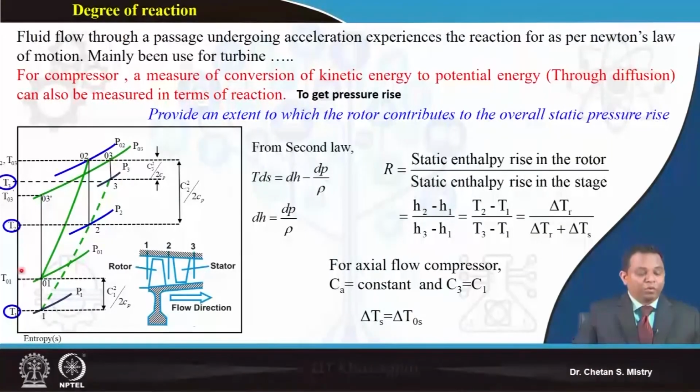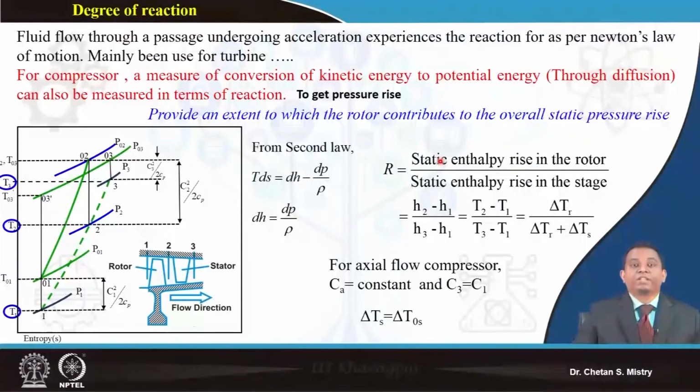If you recall our TS diagram, station 1 represents the entry condition, station 2 the exit condition of the rotor, and station 3 the exit condition from the stator. So for the stage, the entry condition is 1 and the exit condition is at station 3.